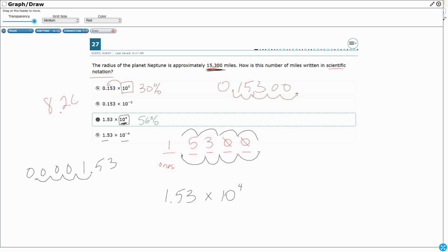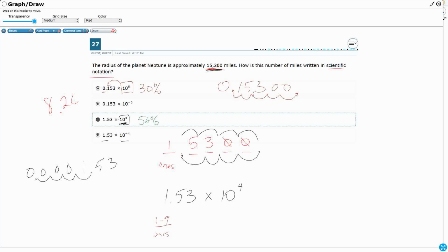But we need something in that ones place. When we're showing something in scientific notation, this ones digit needs to be a 1 through 9. It has to have something up there other than a 0. That's just the way scientific notation works.